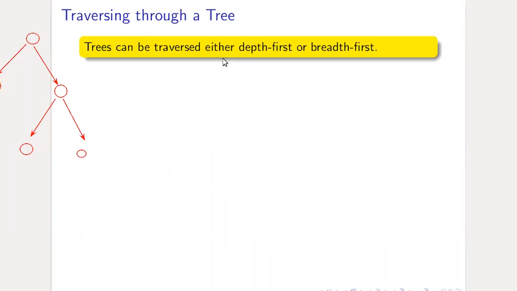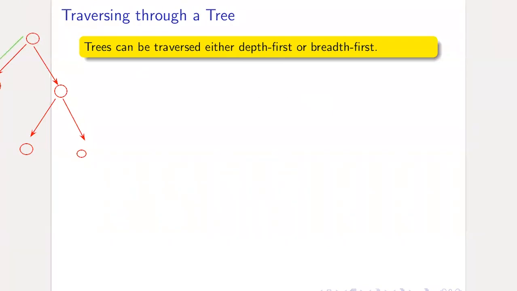So once you have a tree like that, you can do interesting things by traversing or visiting these nodes in a tree. When you visit the nodes in a tree, you can do it in two ways. Either you can traverse depth wise. What is meant by depth wise?